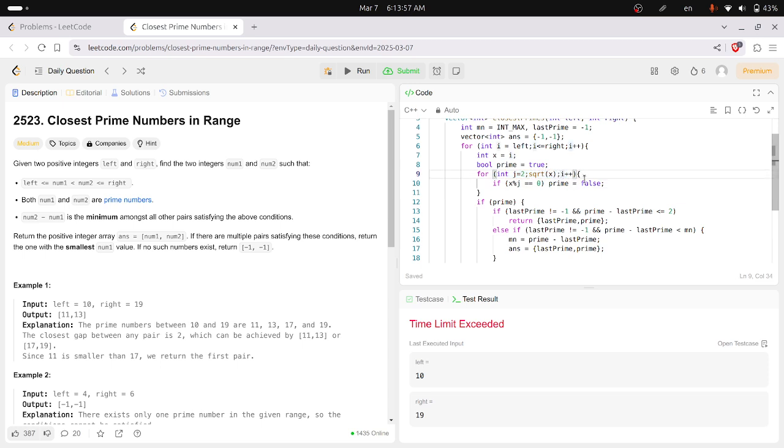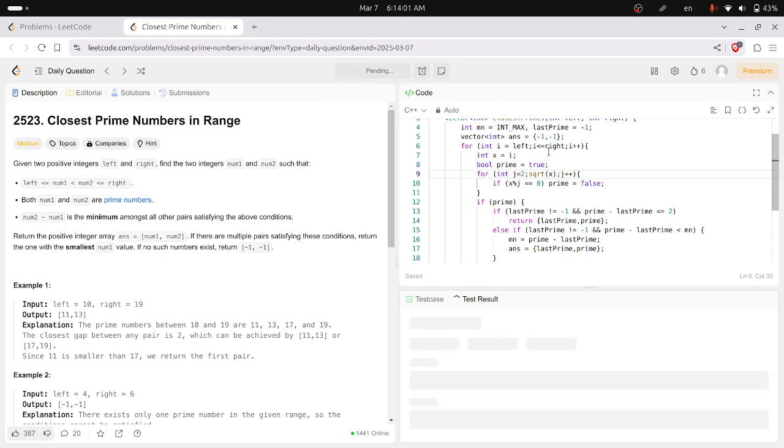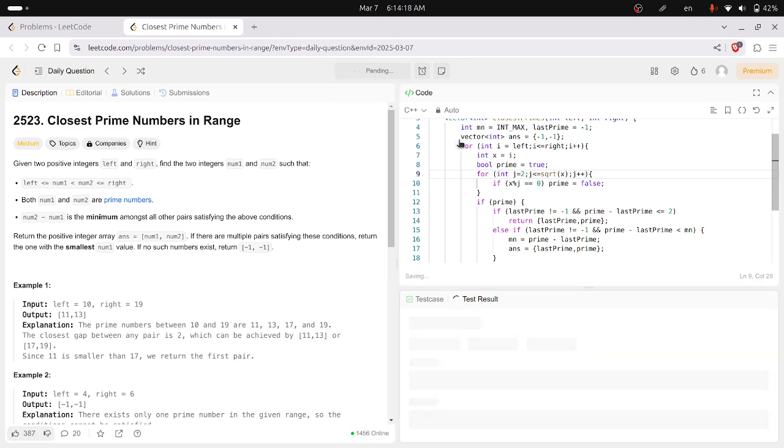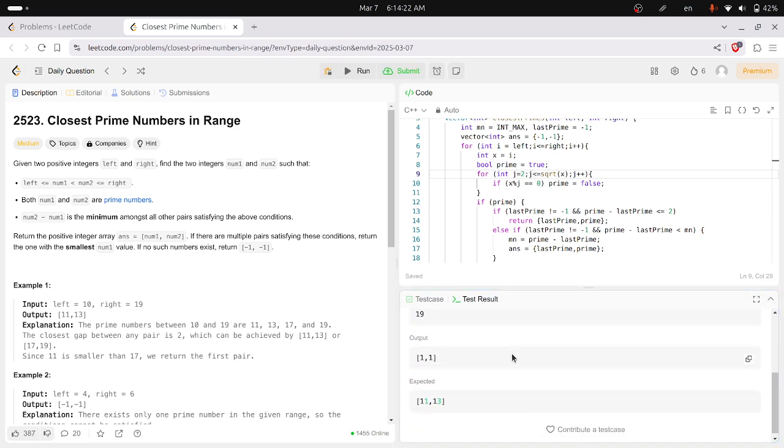I'm doing I plus plus here, which is maybe causing the issue. Again, time limit exceeded. So j equals to 2, j less than or equal to square root of x. That's a silly mistake. Output 1 and 1.